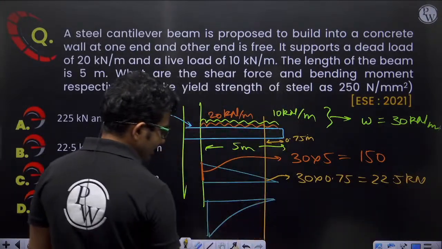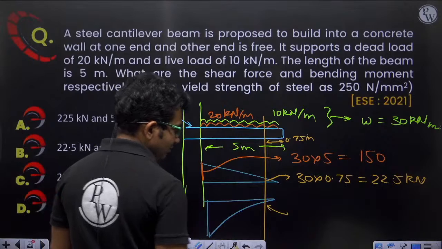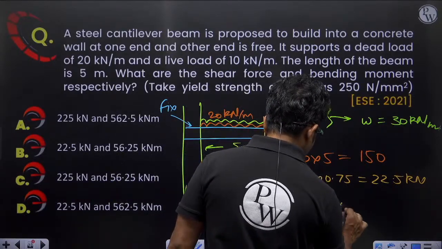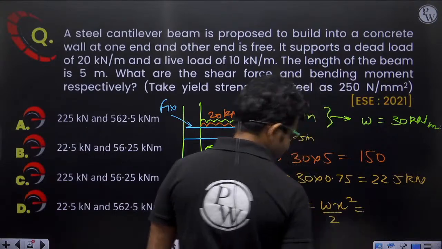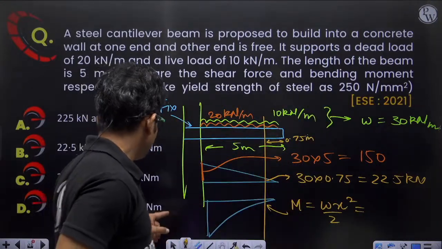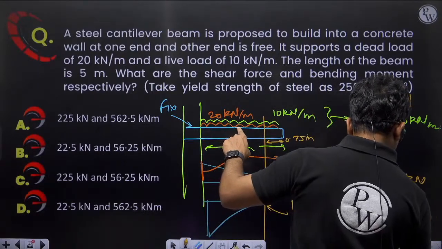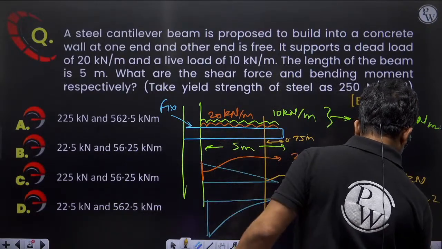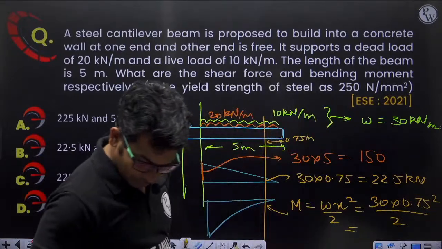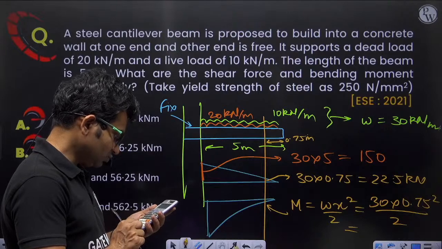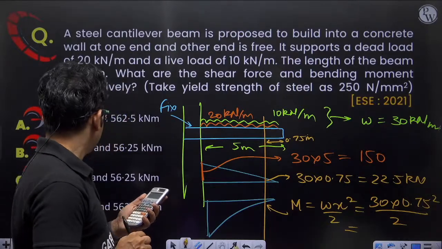Now if we calculate the bending moment at the same location, it will be equal to W x square by 2, so 30 into 0.75 square by 2. That is 15 into 0.75 square, so 8.43.